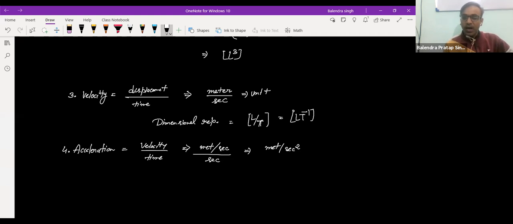The dimensional representation of acceleration is L by T square. So we can also write this as LT minus 2.